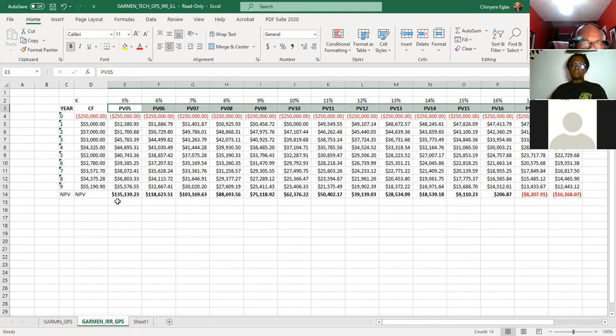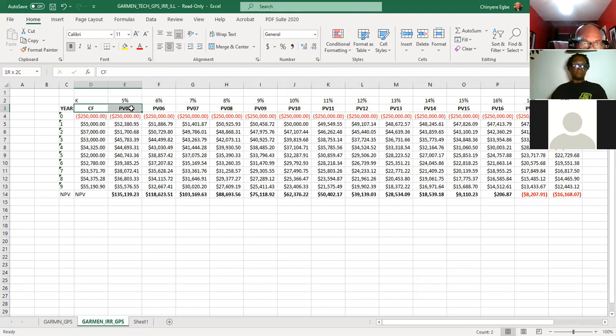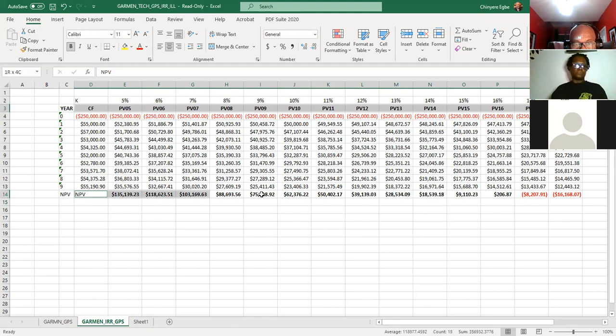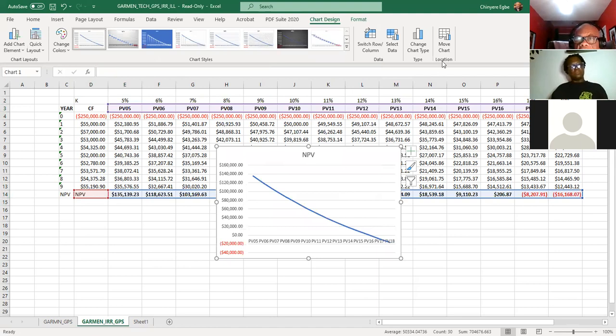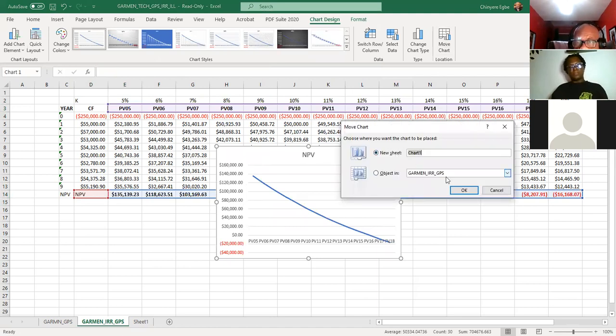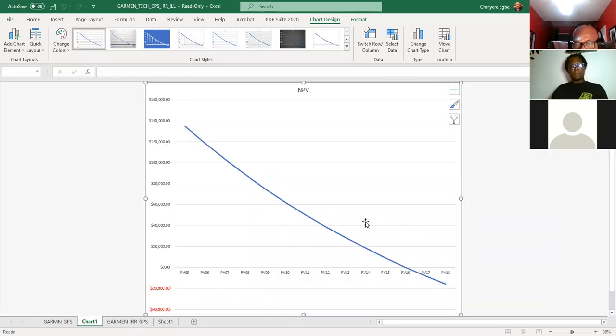All right, and so this is the cash flow. Let's see if we can get something out of this. There we go. We'll move the chart. All right, so you can see that your IRR is somewhere between 16 and 17%.